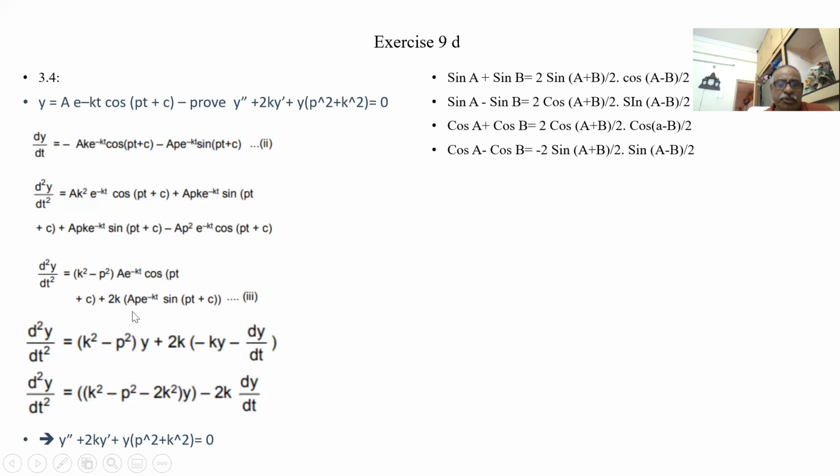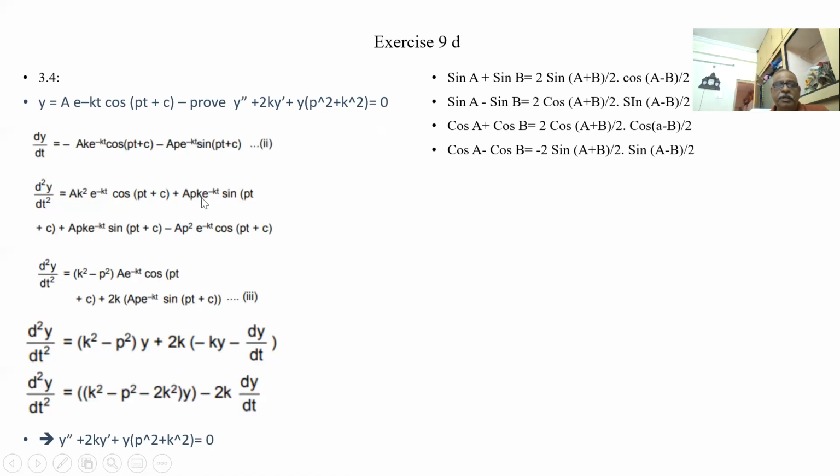So this portion is y, plus 2k into what is this portion? a p e^(-kt) sin(pt + c).